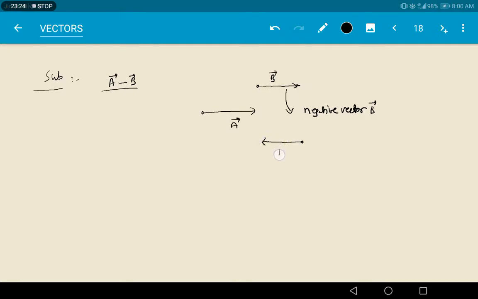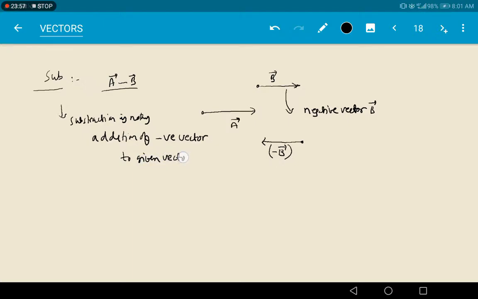So the subtraction is also nothing but addition of the negative vector to the given vector.